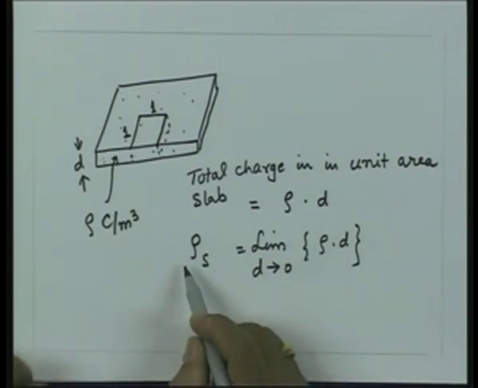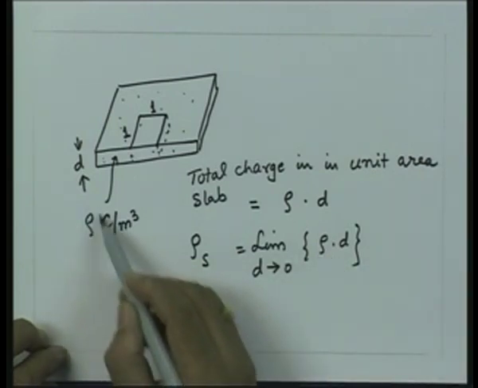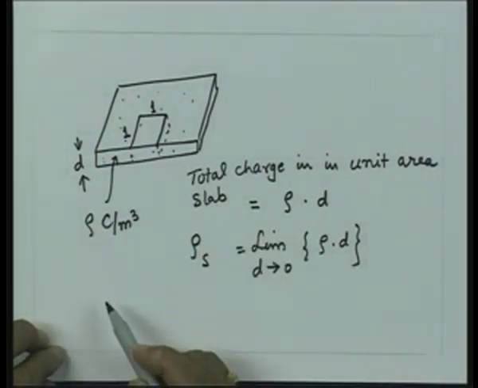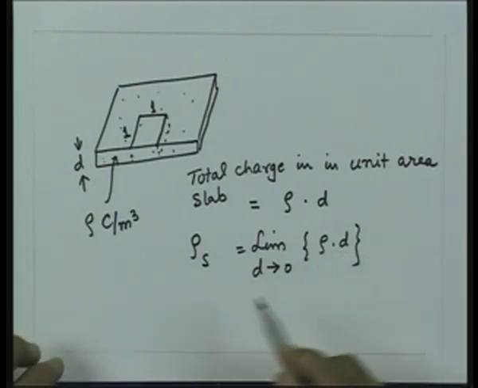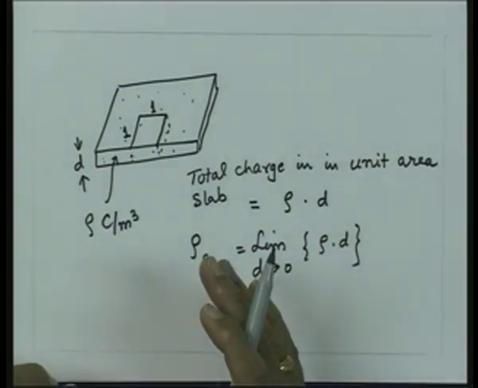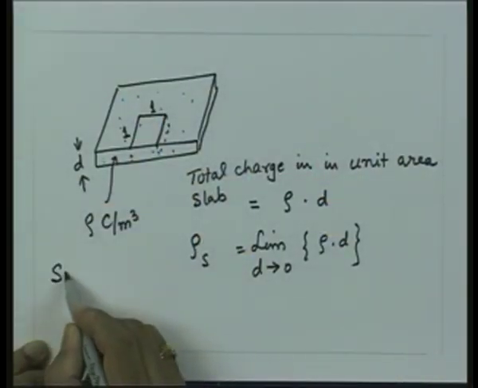The two things you should note here: if I go from the volume charge density rho to the surface charge density when d tends to 0, a true surface charge is equivalent to an infinite volume charge density. If that infinite density is confined to 0 thickness, that gives me the distribution of charges truly on the surface, and that is what is called the surface charge density.